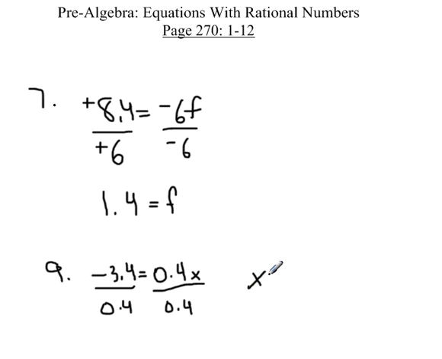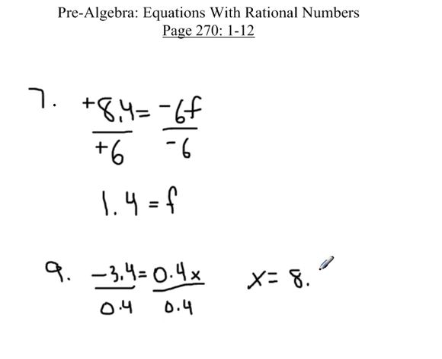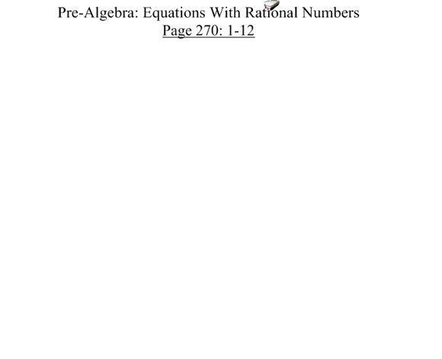So your answer is going to be negative. Use your calculator and do 3.4 divided by 0.4, and you'll get 8.5 as your answer. All right, so use the skills that you've got to solve those. You know how to do the majority of those problems, so don't let that deceive you.